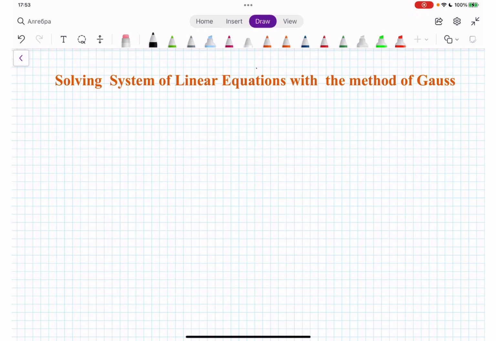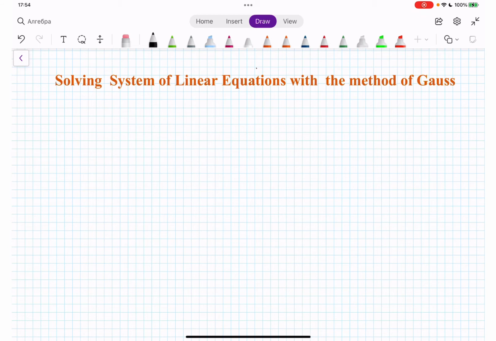The Gauss method is the most powerful and versatile tool for finding solutions to any system of linear equations. As you remember, I recorded videos on Cramer's rule and the matrix method, but these methods are unsuitable in cases where the system has either infinitely many solutions or is inconsistent, which means it doesn't have a solution.